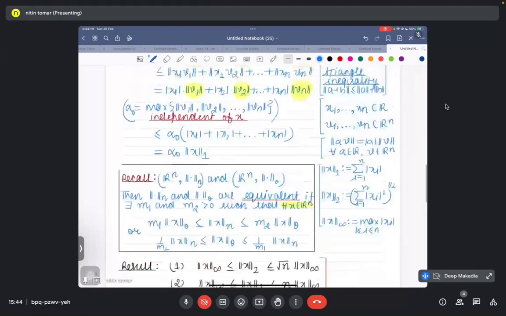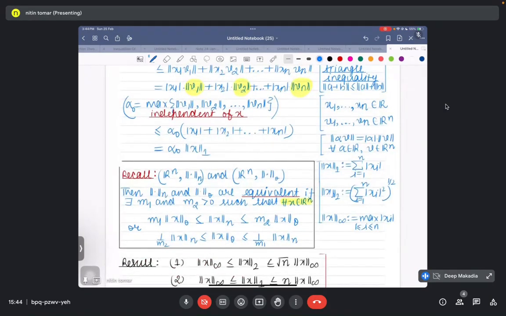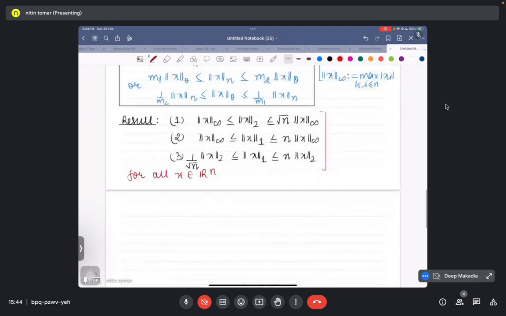Now you see, here we were stuck, right? This is the place where we were at. Let us make it star, because we will be dealing with only three norms in this course mainly. And what does star say?